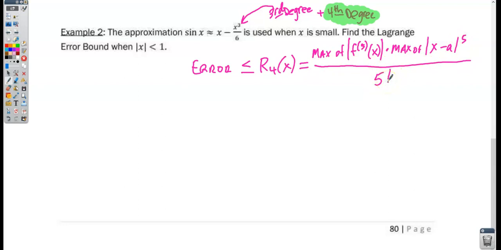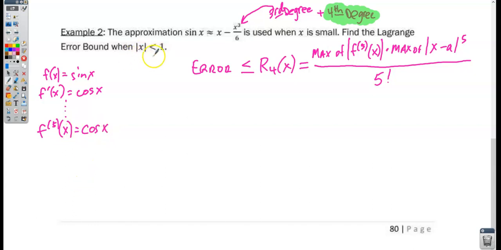And so now we need to set that up. In order to do this, we need the fifth derivative of the function. So we start with our function being sine of x. The first derivative is cosine of x. And for those of you who know about the cyclic nature of sine and cosine derivatives, you can jump right to the fact that the fifth derivative is cosine of x.